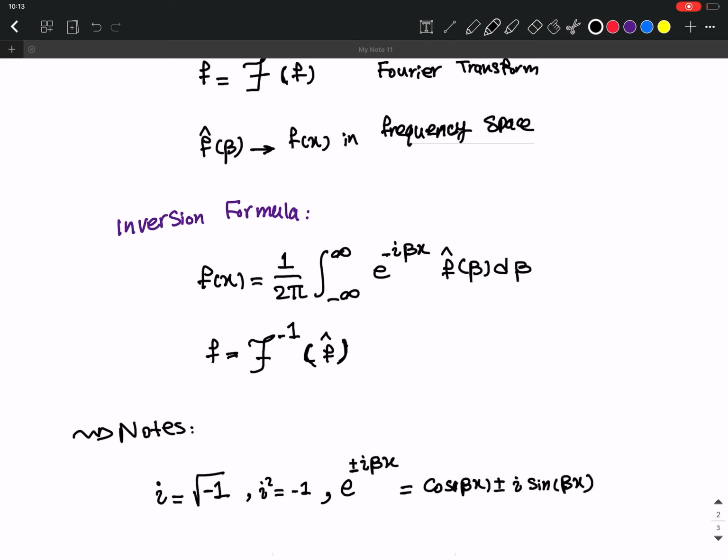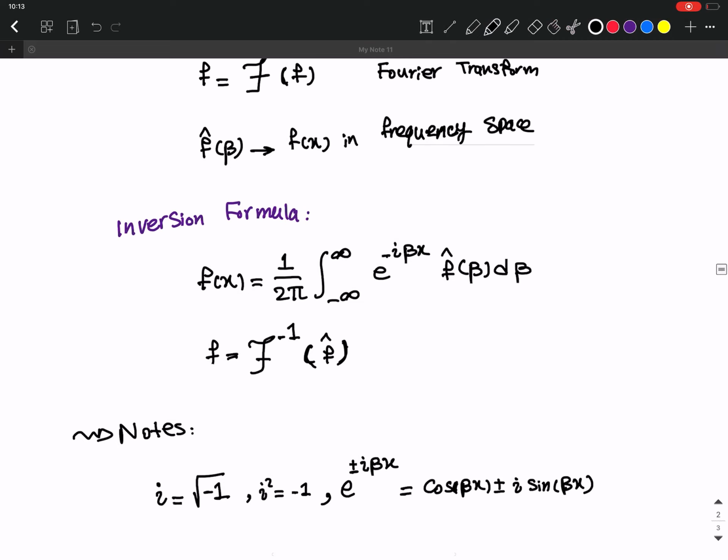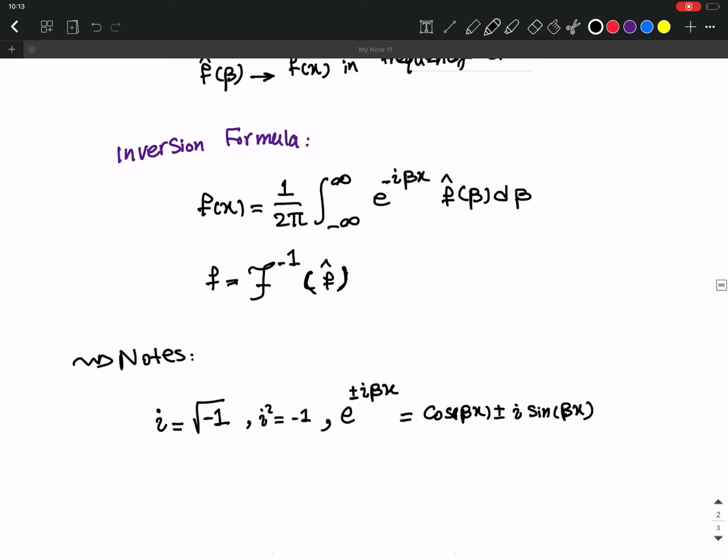Okay, so this is a very important property. This is actually how you can reduce this i to these cosine and sine functions. These were just some reminders if you don't remember these basic things about the exponential and the complex number i.